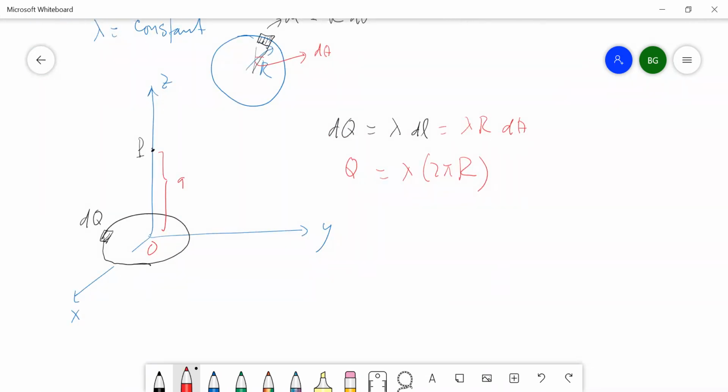We have to identify the source coordinate, r prime, which is in the xy plane, x prime i plus y prime j, and the field coordinate r, which is a k.